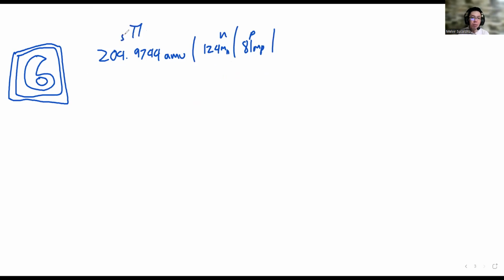Okay, good. So 124 times the mass of neutron, then 81 times the mass of proton.